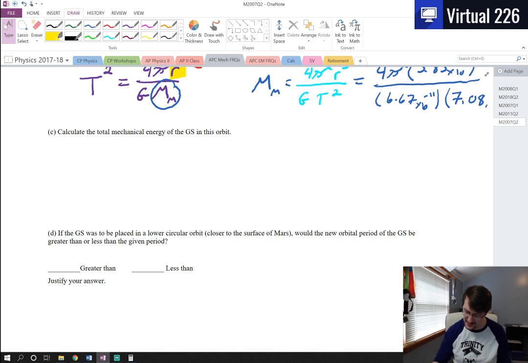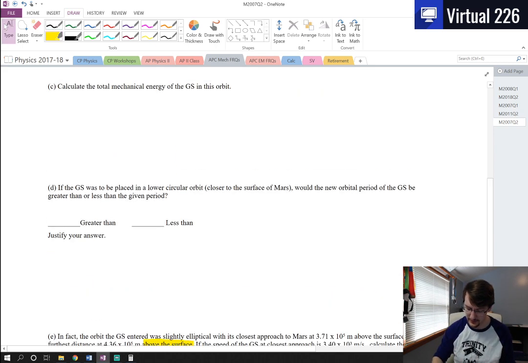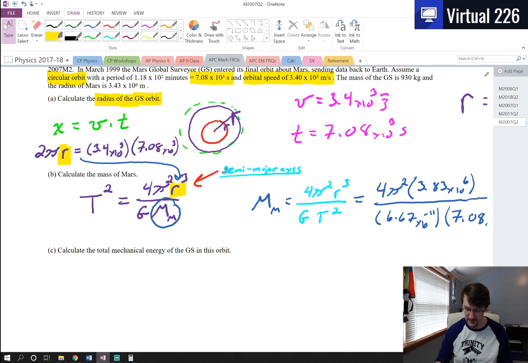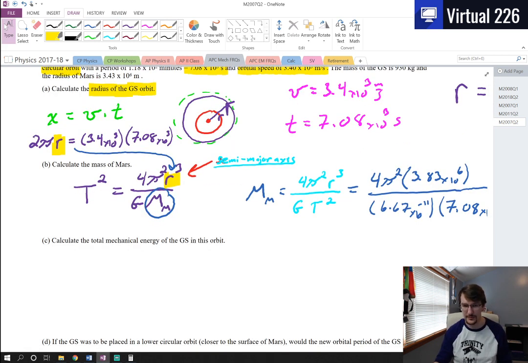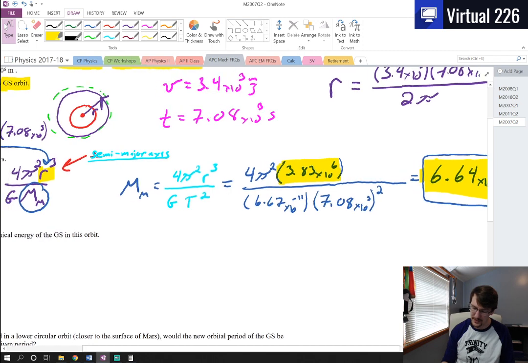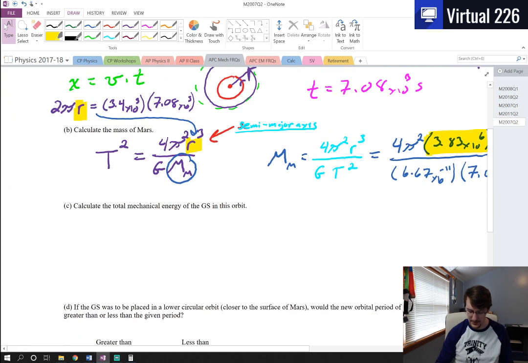In part E, they are talking about above the surface or the altitude. That's when you care about Mars's radius. But at the moment, we don't care about Mars's radius. Whenever we talk about radius of orbit, we're always talking about from the center of that planet. So we don't have to subtract anything off. You can just leave that as it is. This is the value you want right there. Very common mistake students make. They try to take values off of that, but this is the full orbital distance you want.